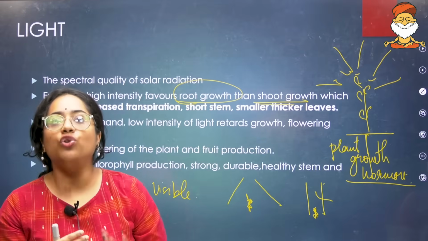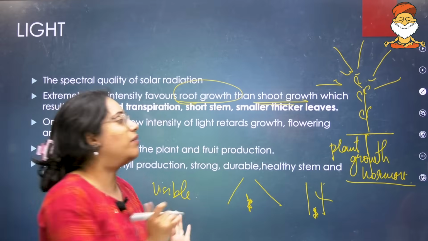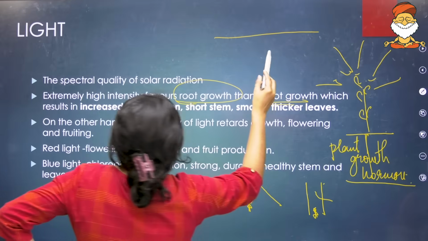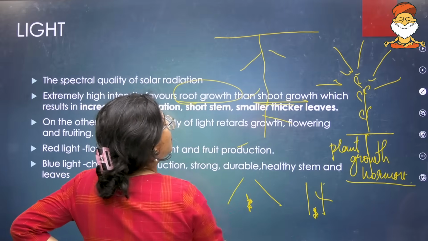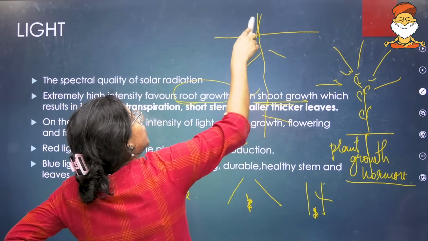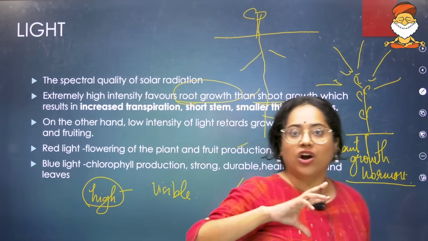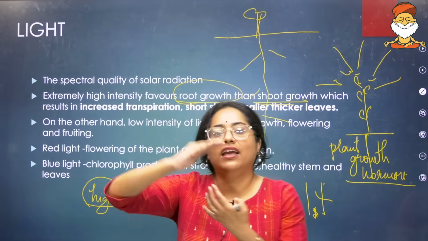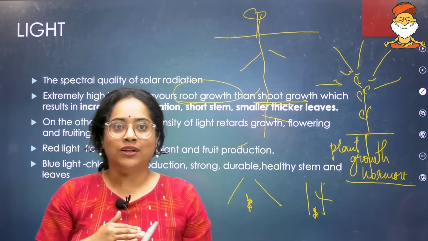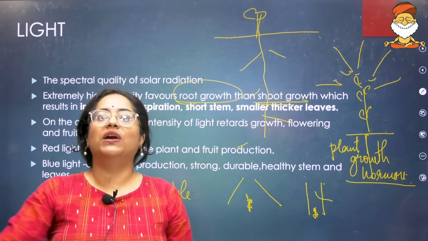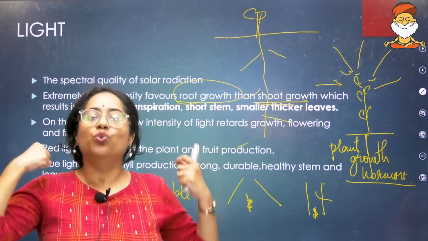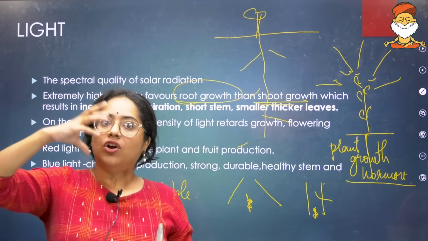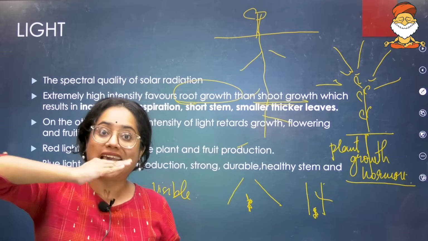When those root growth hormones are generated, the root will be growing in a very, very good manner, but the shoot of the plant will not be growing in a commensurate manner. So the root of the plant will be getting water and everything, but the shoot is not growing at the same pace.